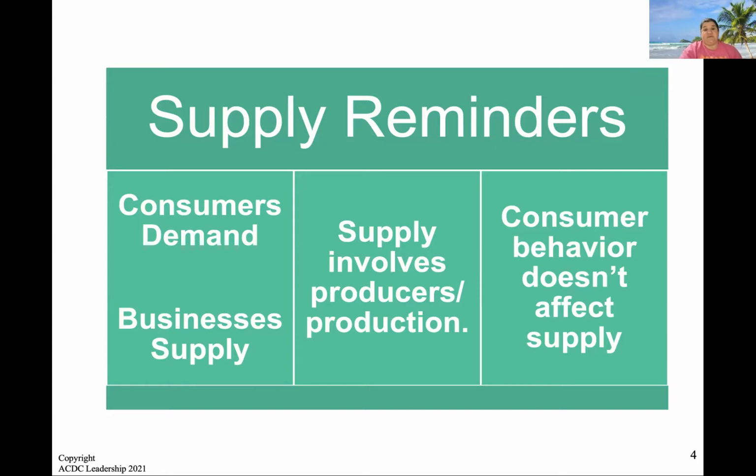So consumers demand and businesses supply. When trying to decide whether something is going to affect the demand side or the supply side, ask yourself, does this situation have to do with a consumer's behavior, or does this situation have to do with a business or a producer's behavior? Because consumer behavior does not affect supply.